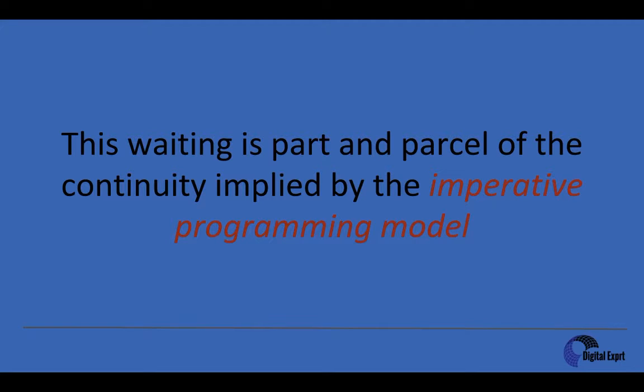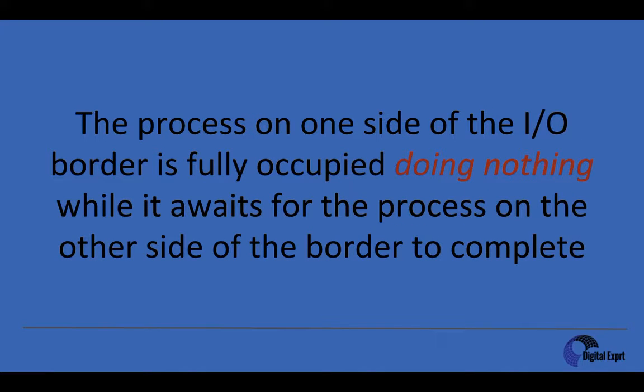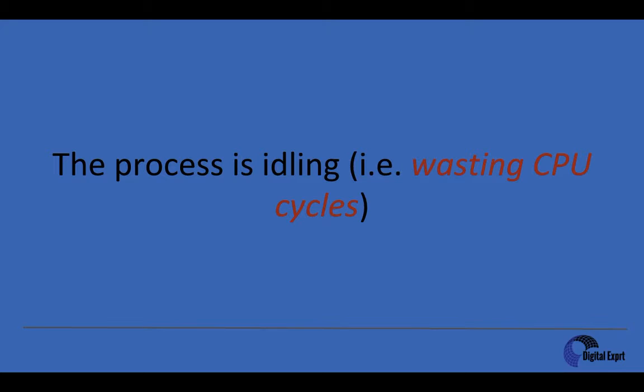The imperative programming model. So one thing to notice is that this process on the other side of the I/O border is fully occupied doing nothing while it awaits the other process to complete. In other words, that process that we pushed the imaginary pause button on is idling.